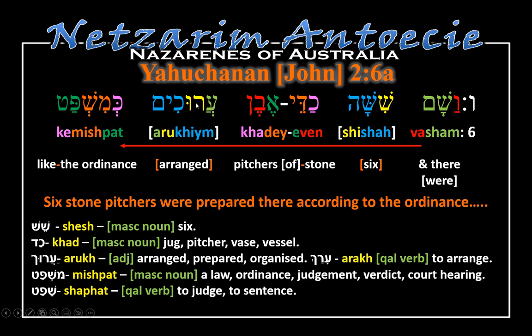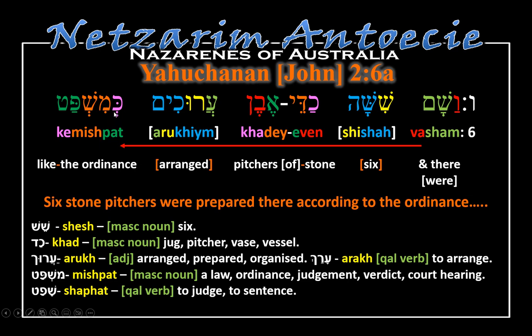And then we have arukim, arranged. And now if we look down here, we've got aruk, which is an adjective meaning arranged, prepared, organized. And I've also given you arak, which is the kal verb form, and it means to arrange.